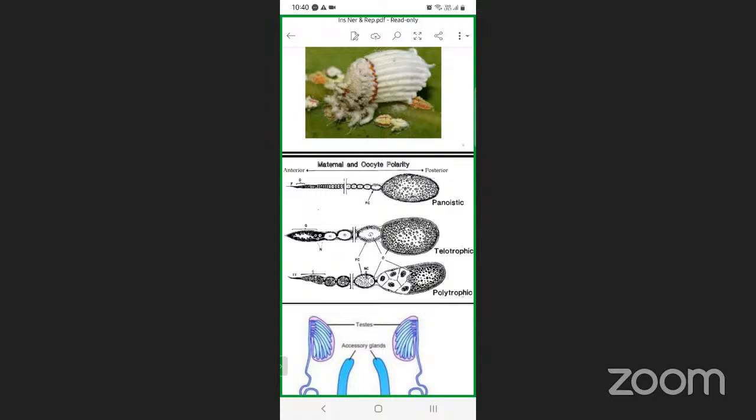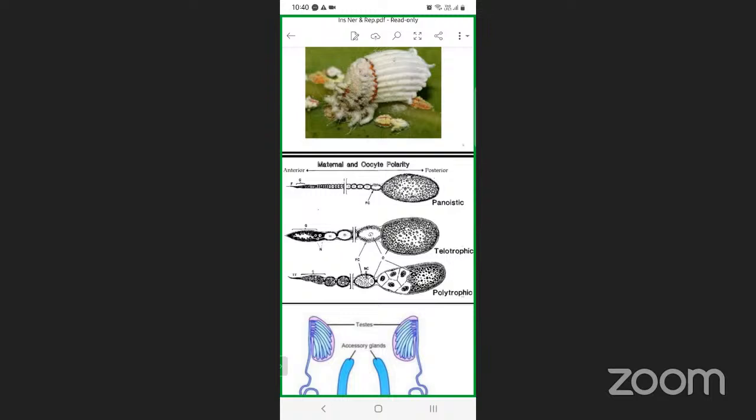So when we want to describe the oviducts, the pedicel or the calyx opens to the lateral oviduct here, and the lateral oviducts join to form a common oviduct, which serves as a communicating tube between the lateral oviducts and the vagina.